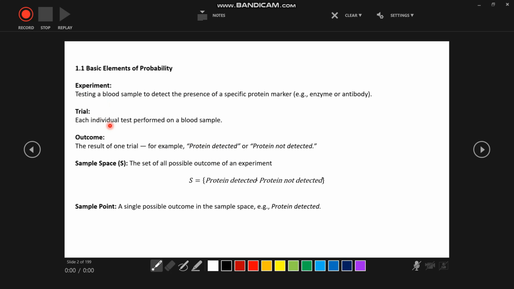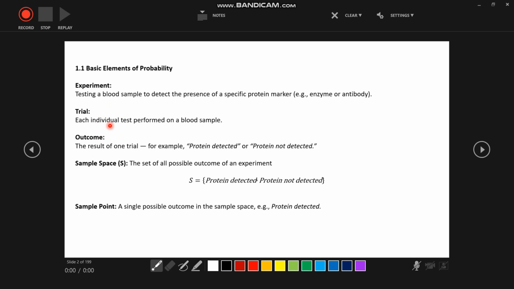Then we have trial too. This is each individual performance of an experiment. It refers to the number of times we perform an experiment.